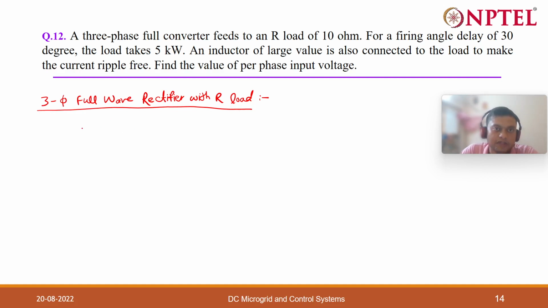If the firing angle is less than 60 degree, the formula is V naught is 3 VML divided by pi cos alpha.